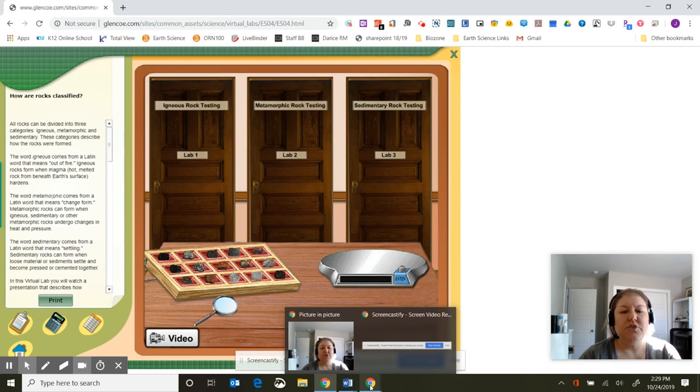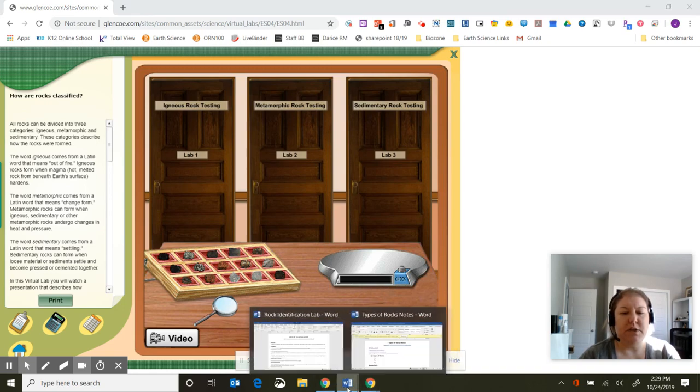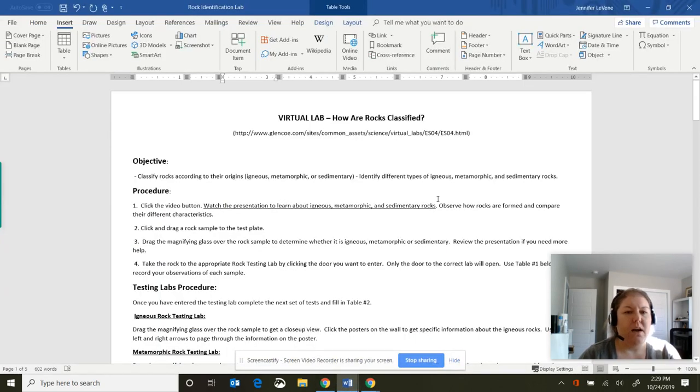Okay, so first thing I always tell everybody when doing a lab is that you need to read the instructions. What we're doing is we're trying to classify igneous, metamorphic, and sedimentary rocks. And how we're going to do that is we're going to be using the materials of the rock to determine the actual type of rock.